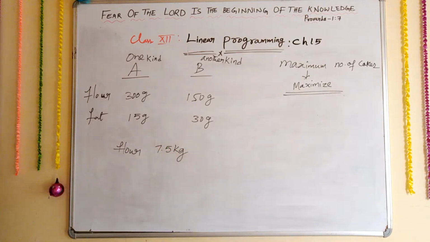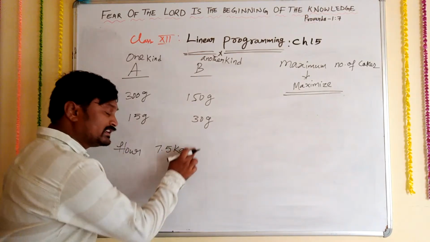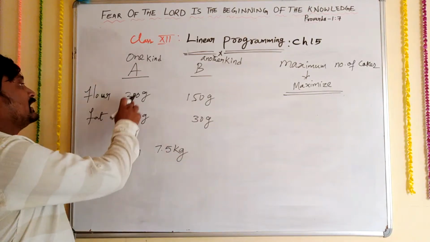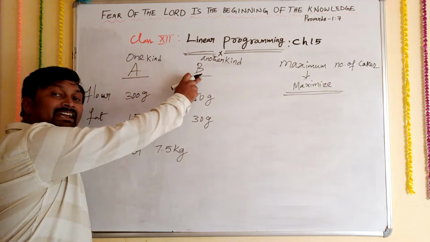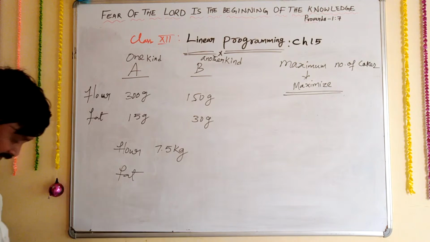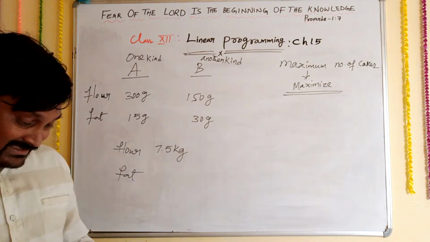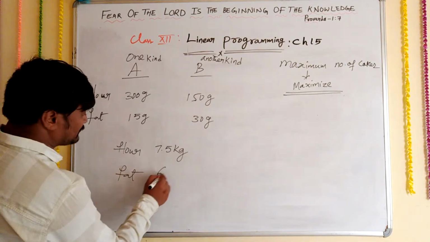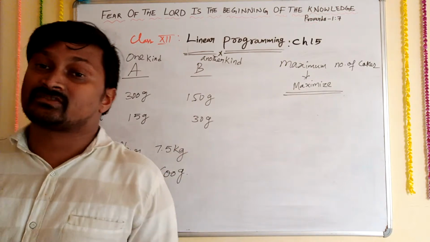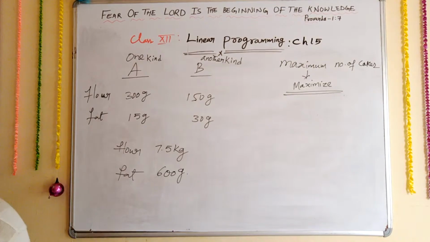By using this much flour only you have to utilize for type A and type B. Okay. Same method, fat also they given 600 grams. So there is no shortage, shortage is not there. So solve by graphical method.